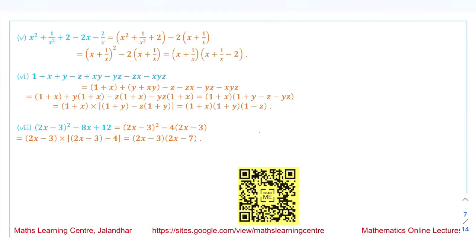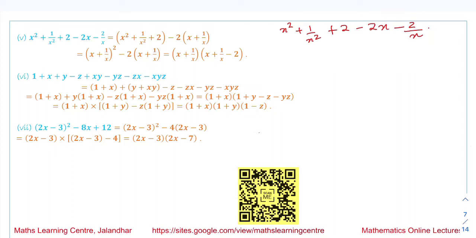Now in the next question, it is x square plus 1 by x square minus 2 minus 2x minus 2 by x. Now we are trying to group the terms. So it is plus 2 basically over here.